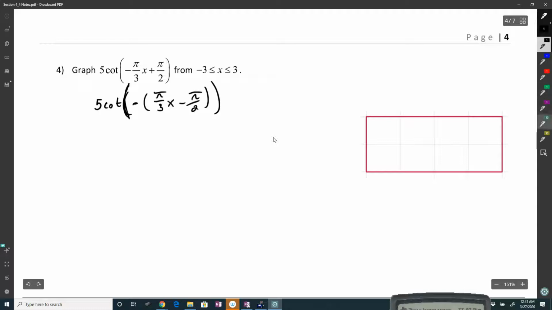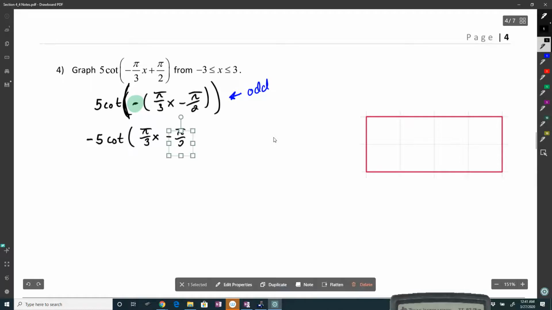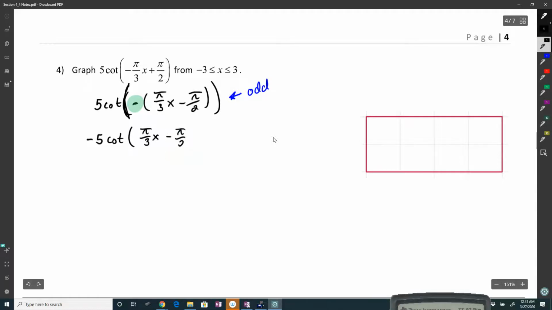And so now that the negative is being multiplied, I know that this is an odd function. Odd function means the negative gets to pop out on the outside. So that was the trick for this one. Hopefully you caught it.